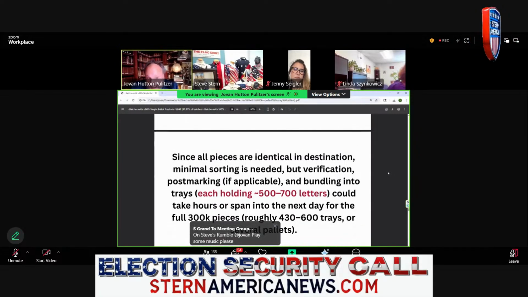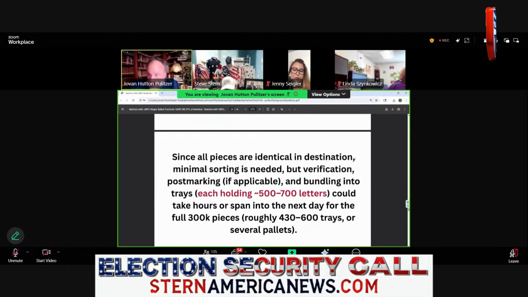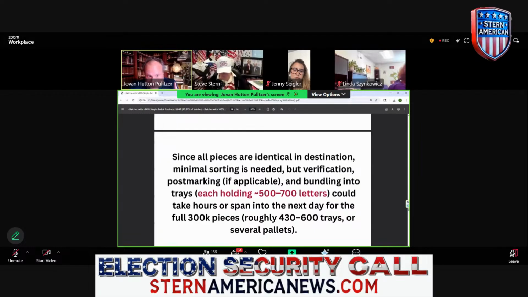Now, after 2 or 3 hops, they reach in bulk, grab anywhere from 500 to 700 of these ballots, and put them in a tub, and then they pack those tubs, those trays. There's about 430 to 600 trays for just 300,000 alone, okay? They just stick them in there. There's no sorting because they're all going to one place.